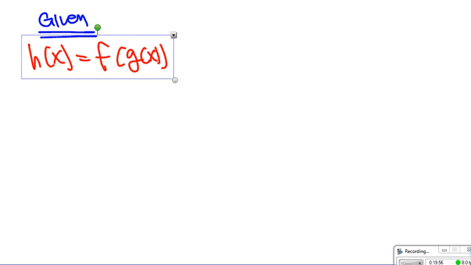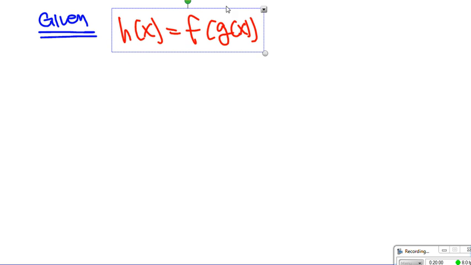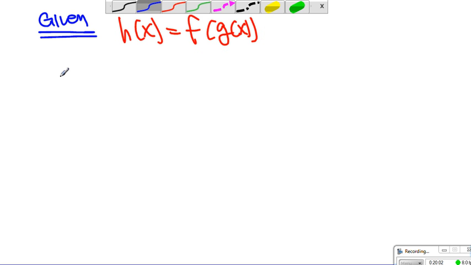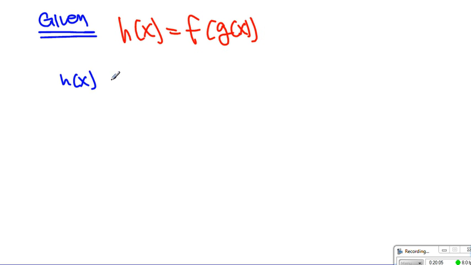So, given the same idea, let us say h of x is equal to e to the x. How about that? And then f of x would have been equal to sine of x.